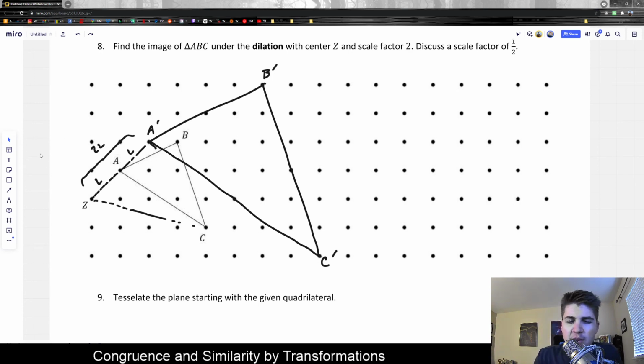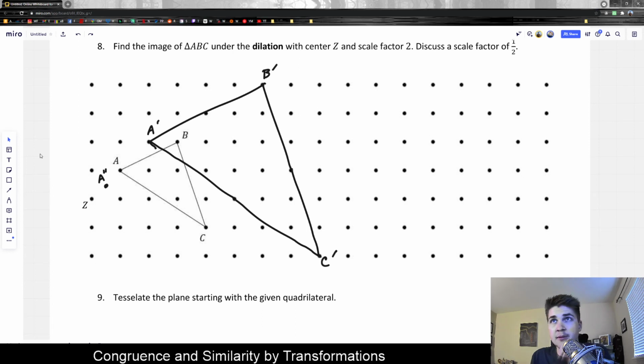Say, for example, we wanted to dilate it by 1/2 instead. Instead of doubling the length, we want to cut it in half. So again, taking the same mindset, the distance from Z to A, we want to chop that exactly in half. And that will give us the location of, let's just call it A double apostrophe, for scaling it back by a factor of half, or shrinking it.